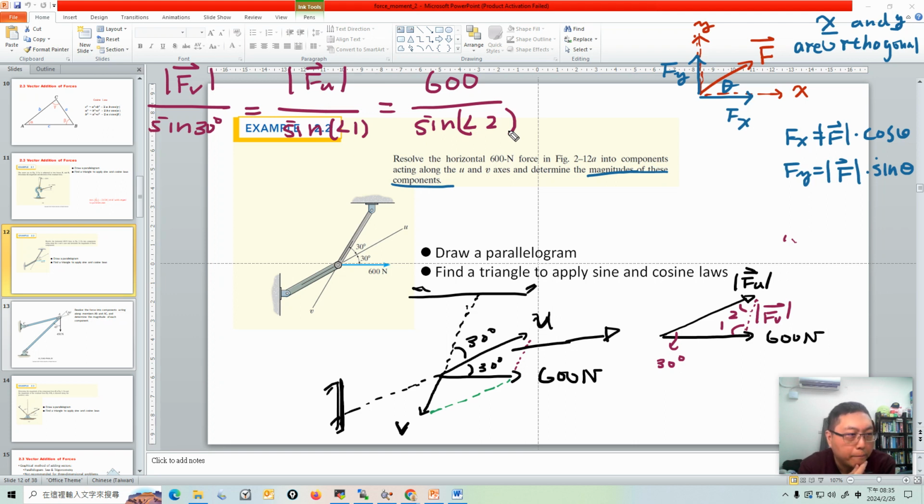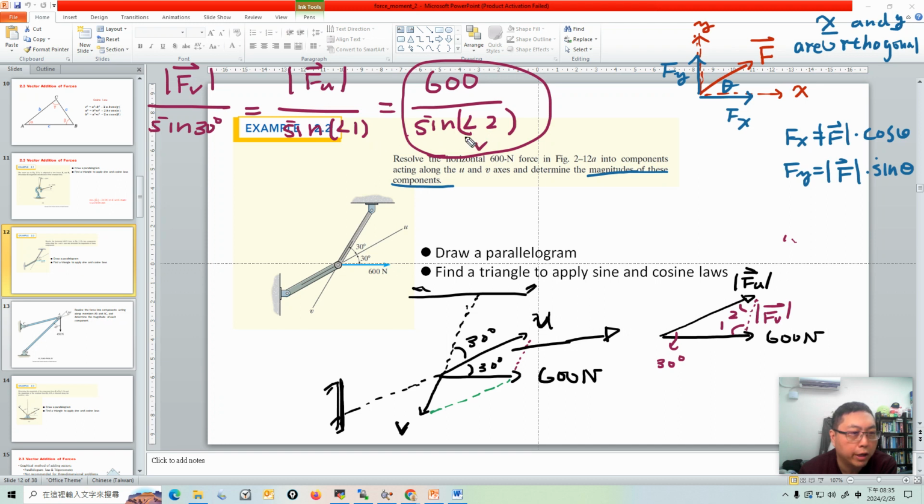Okay, so we need to find FV and FU. If we want to solve the magnitude of the V component and U component, I think we should figure out angle 2 first. If we know angle 2, we have this value and then we can find the FV magnitude.